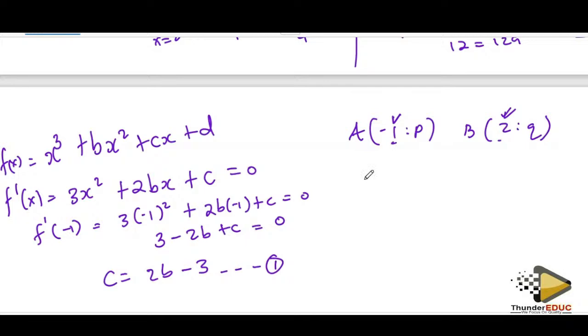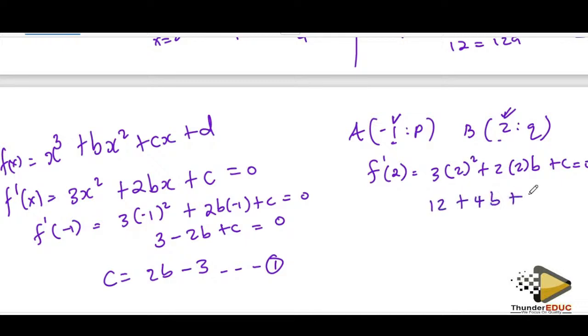Do the same thing for F prime of 2. That's going to be 3 times 2 squared plus 2b times 2 plus c is equal to 0. This is 4 times 3, that's 12, plus 4b plus c is equal to 0.